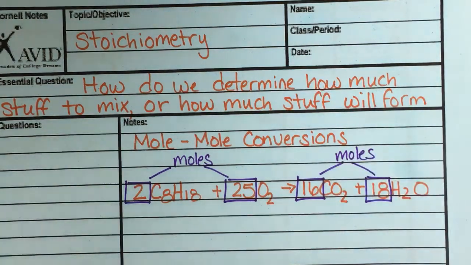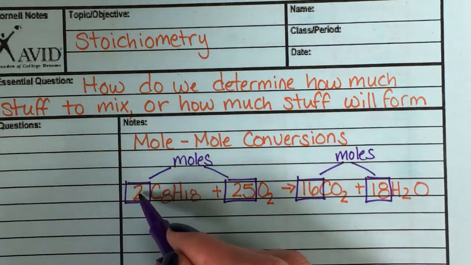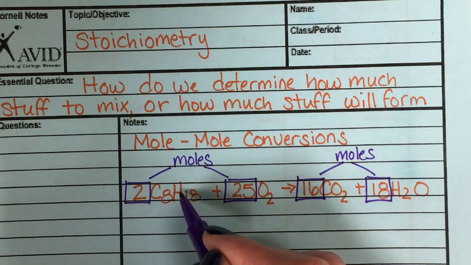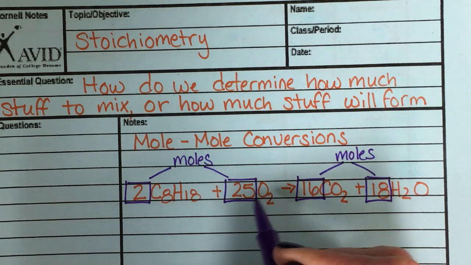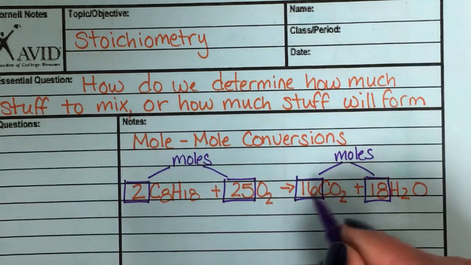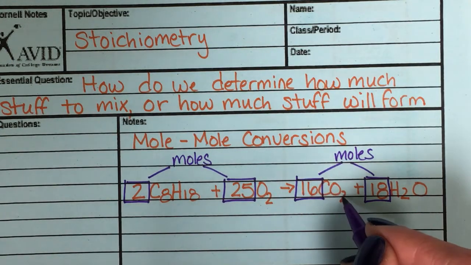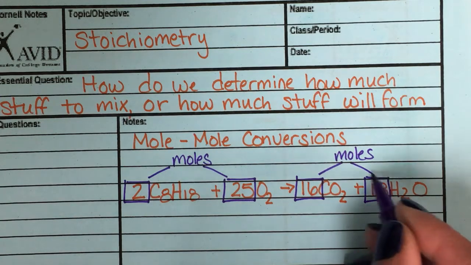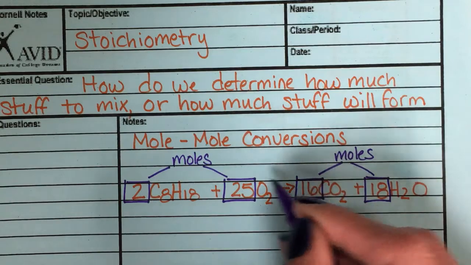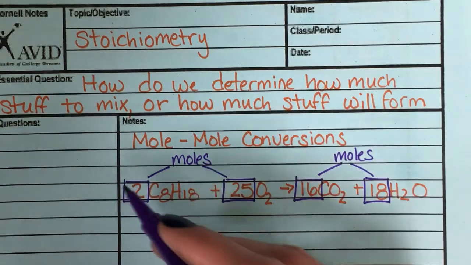So what it's telling me is that if I mix 2 moles of C8H18 with 25 moles of oxygen, I'm going to make 16 moles of CO2 and 18 moles of water. So these numbers out in front are telling me the number of moles.